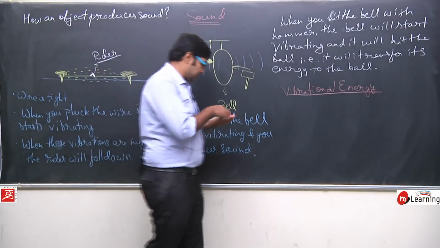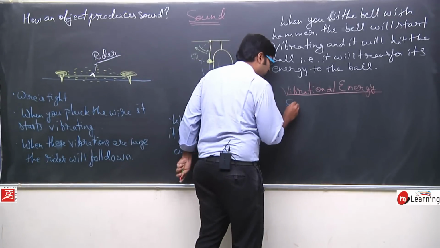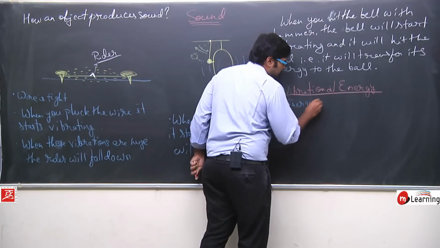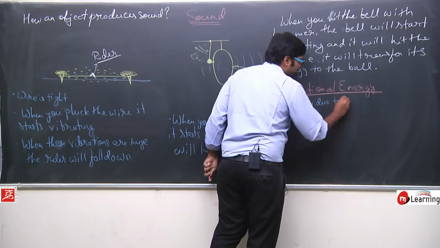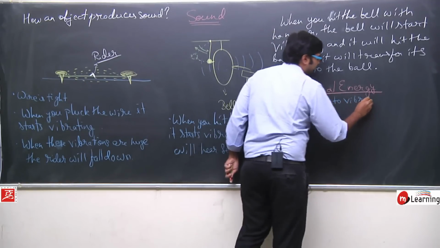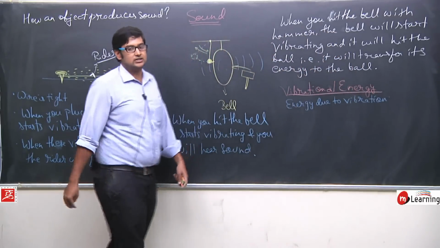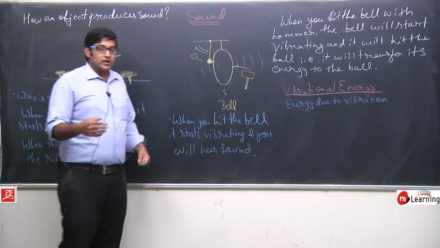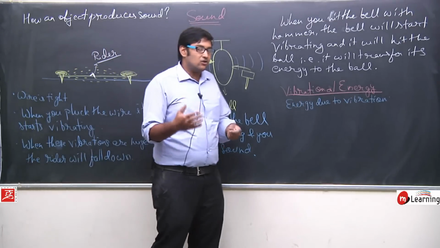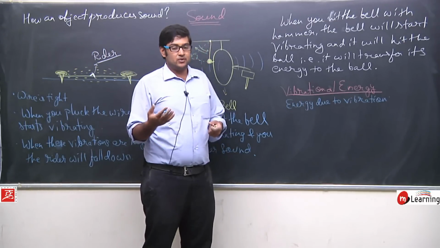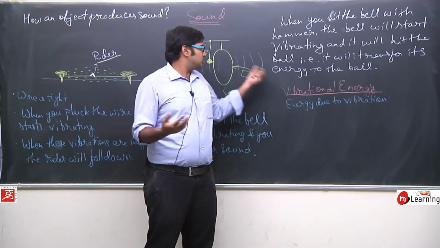Okay, so what is vibrational energy? It is energy due to vibration. This is simply called vibrational energy. Now, as we have studied, sound is what? It's a form of energy. Okay, so from where is this instrument producing energy?